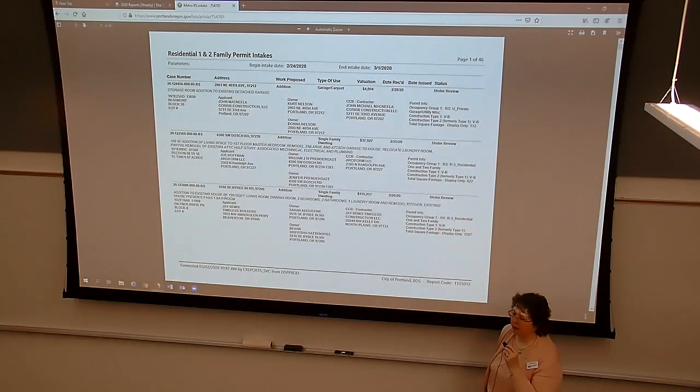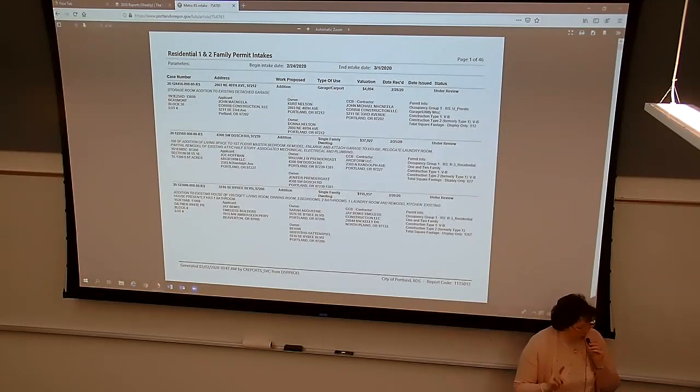Right. If you go to that first website where it talks about the permits and applications, it tells you what those codes mean. Okay. However, if you want more information, we'll go there next.